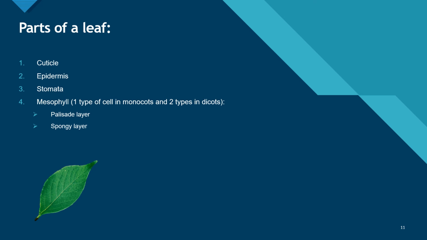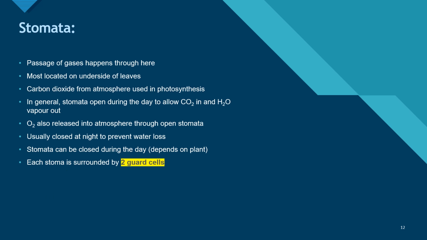Then we move into what is known as the stomata. The stomata is where the passage of gases happens, just like in our lungs. Most are located on the underside of the leaf, and carbon dioxide from the atmosphere is used in photosynthesis.